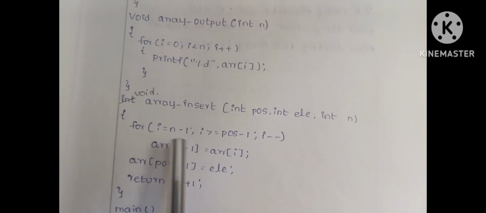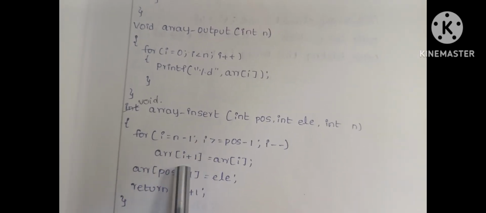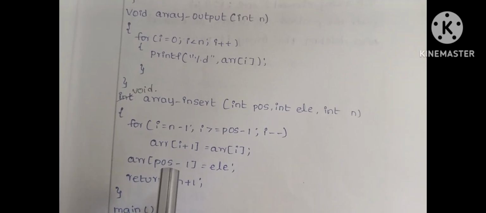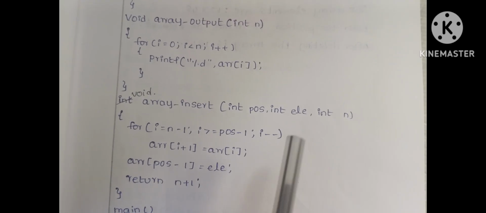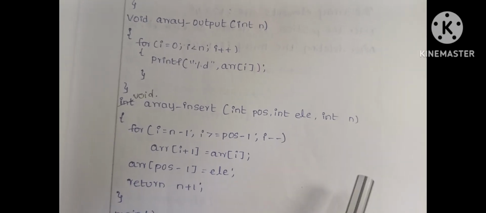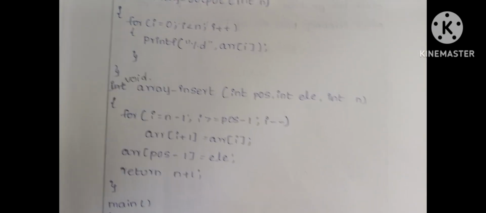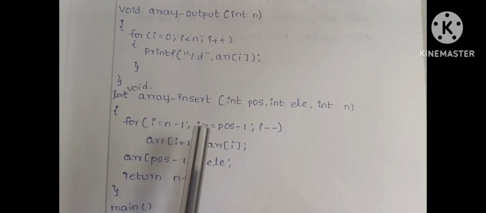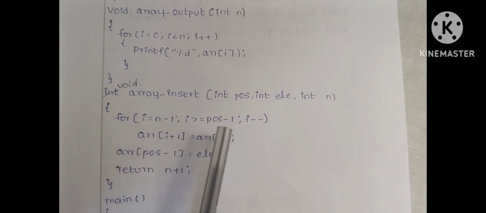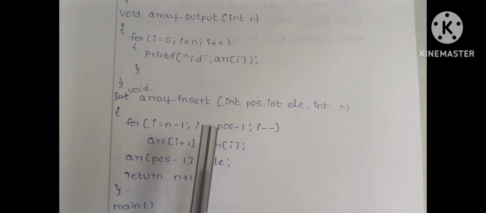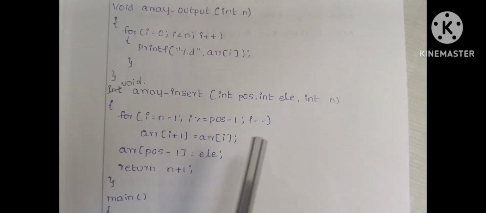So from i equals n minus 1, from the last we are running the for loop, not from the starting. So from the last but one element we are running from there, till i is greater than or equal to position minus 1, by decrementing the i value.